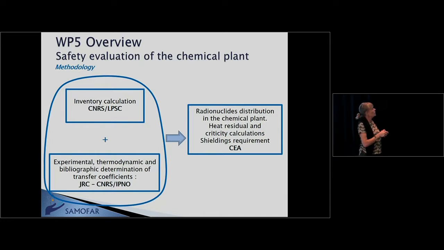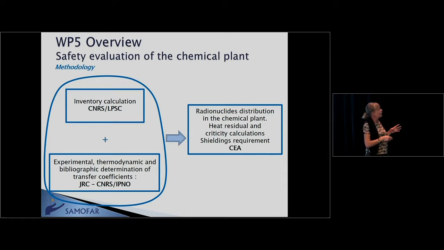The inventory calculation of the batch was done by CNRS in Grenoble. The transfer coefficients, which are mainly data coming from experimental determinations, thermodynamic calculation, and bibliography, were provided by GRC and CNRS in Orsay.